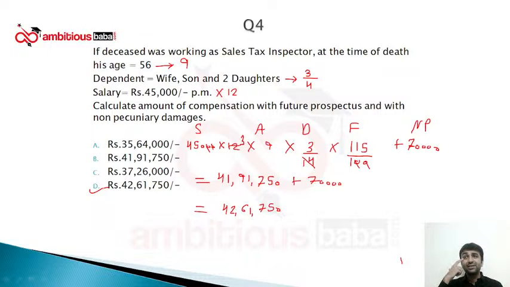Okay. So last time what happened, this particular table was in the session. What you are saying was taken in the session. But I got a question like this: what if the person has the age of exactly 50? I want Mr. Abhijit to answer this question in the chat box.